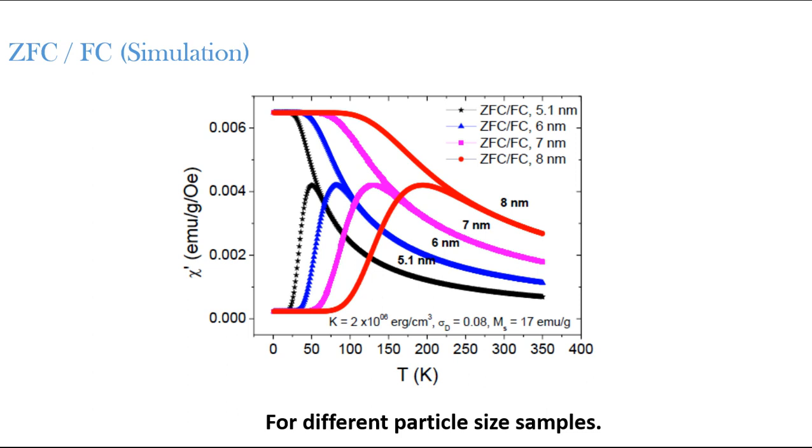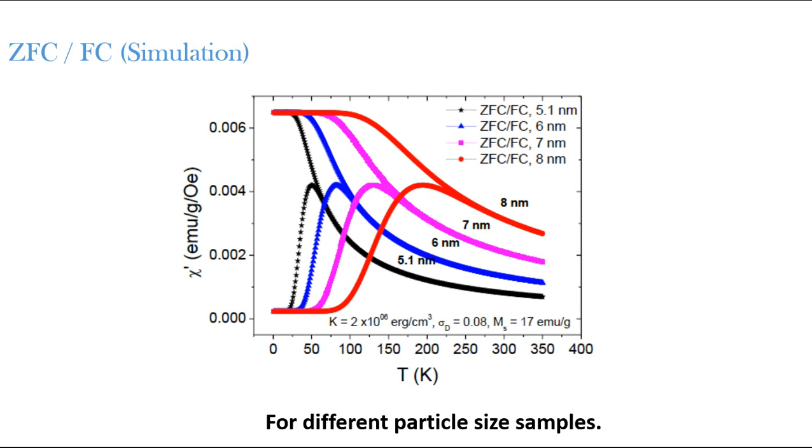You can see, with just a small change in the average diameter of the nanoparticles, we have a change in the blocking temperature, which means the TB is increasing with increase in the diameter of the particles. This is correct, because from the Neel-Arrhenius equation we have seen that the TB is changing with the volume of the particle.